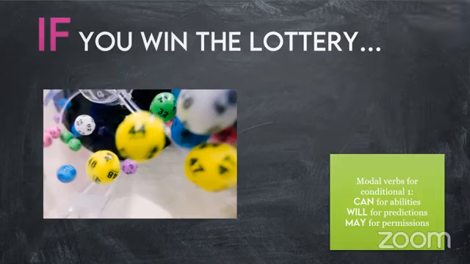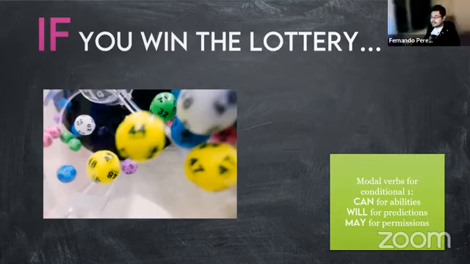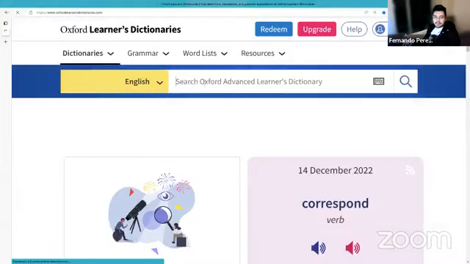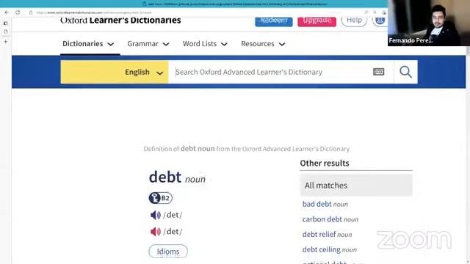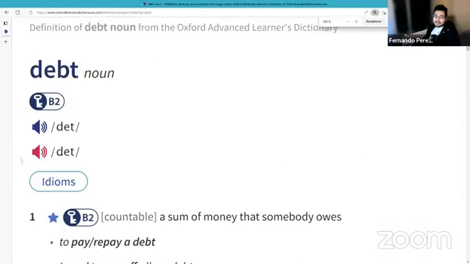Okay. What about Carlos? If I win the lottery, I can to pay, how do you say, deudas? Okay, deudas in English. Everybody take notes, guys. In English, deudas is debt.